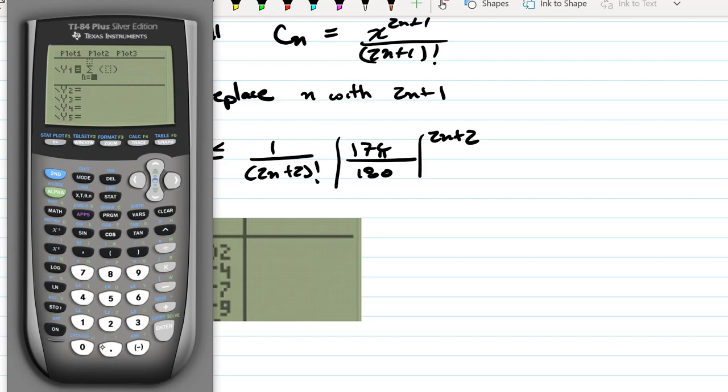And we have the sum as n goes from 0 to x of our fraction: negative 1 to the n all over 2n plus 1 factorial, times the 17 pi divided by 180, and all of that raised to the 2n plus 1.